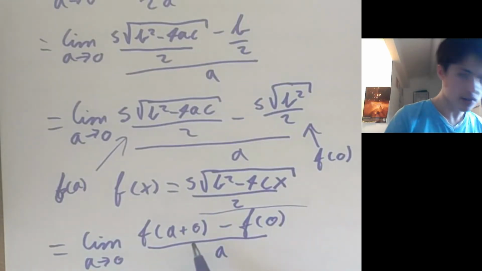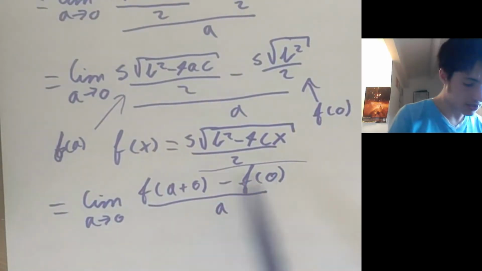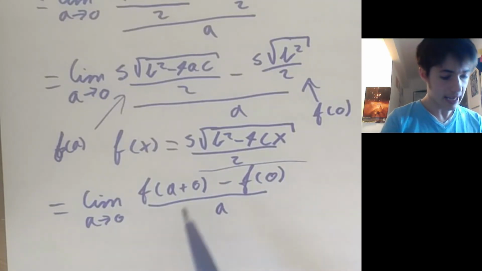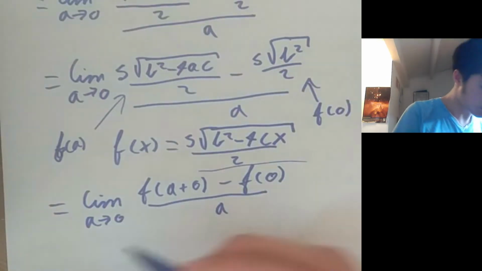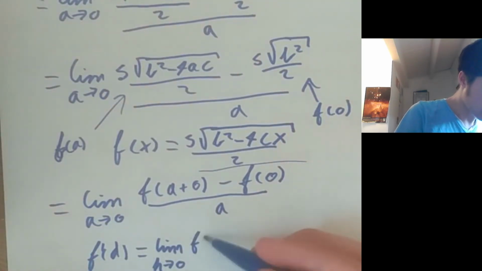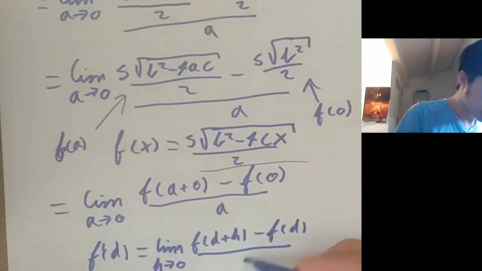So that's nice, and I guess some of you will remember this limit. This is actually the derivative of f at 0. Remember, the derivative of a function is defined like this: when we want to calculate the derivative of f at a point t, it's going to be equal to the limit when h goes to 0 of f of t plus h minus f of t over h.